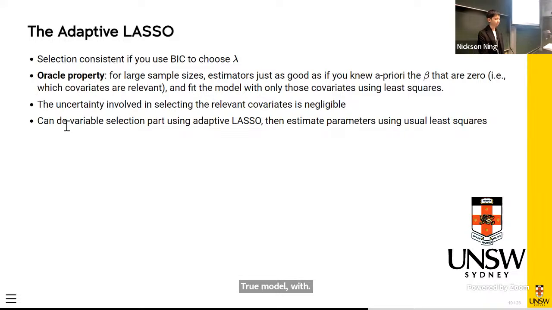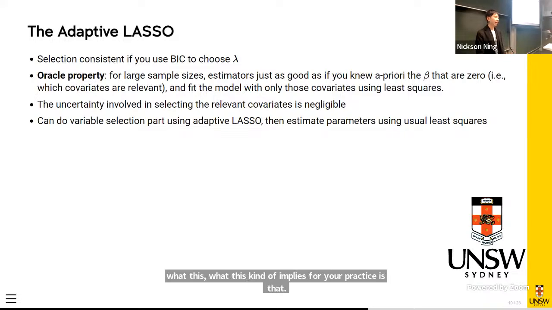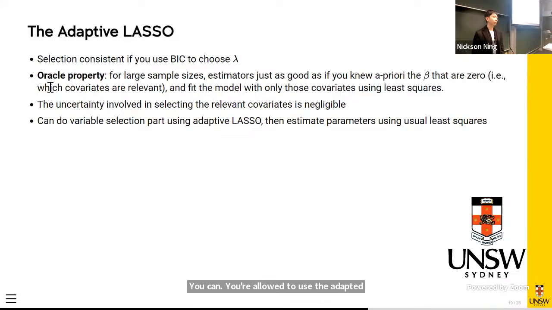What this implies for you in practice is that you're allowed to use the adaptive lasso to do your selection, and then you can refit your model again using something like least squares, using just the covariates selected by the lasso. And in that case, your inference, like your confidence intervals, for example, will still be correct.